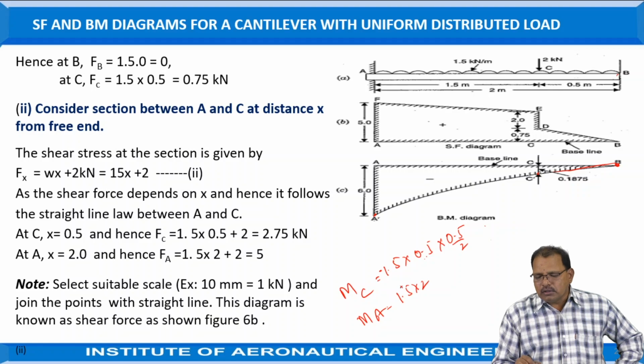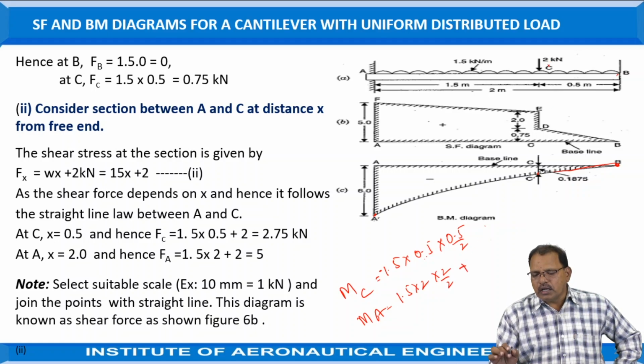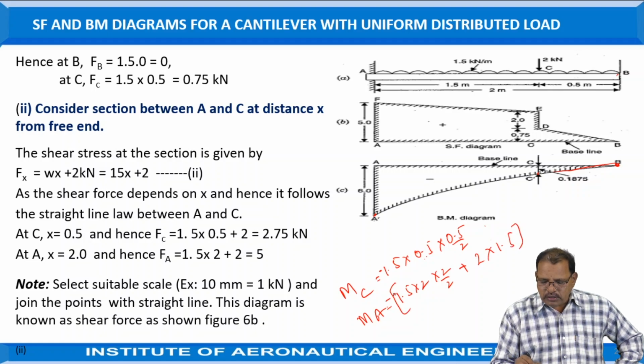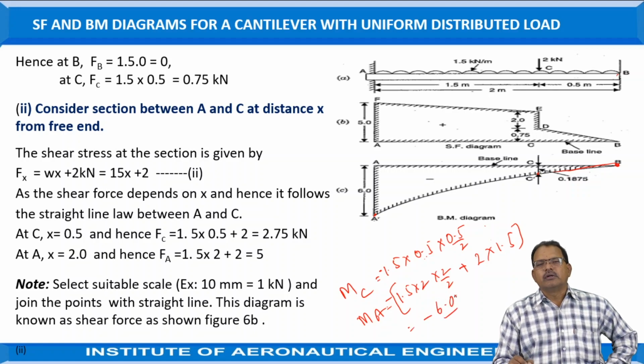But where it is acting, the load is acting in the middle. We can take it as 2 by 2, plus the point load is also acting. The point load is 2 into 1.5. It is totally in negative values. So this value is equal to minus 6.20.